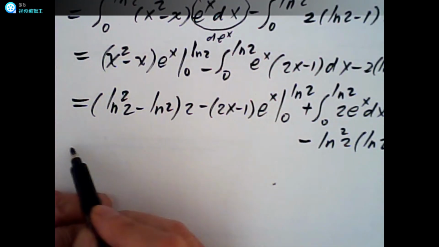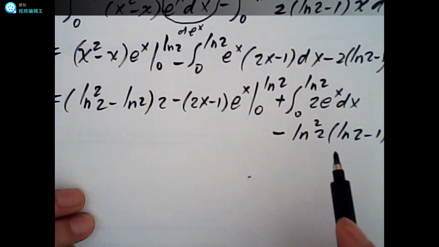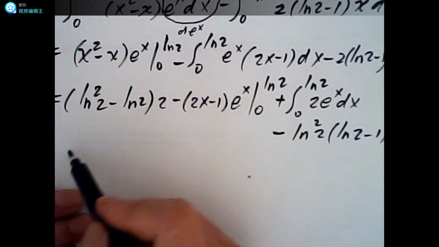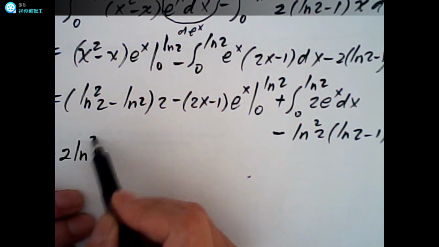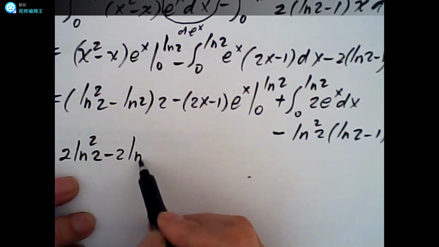Okay, then this one is equal to 2 log square 2 minus 2 log 2, right?